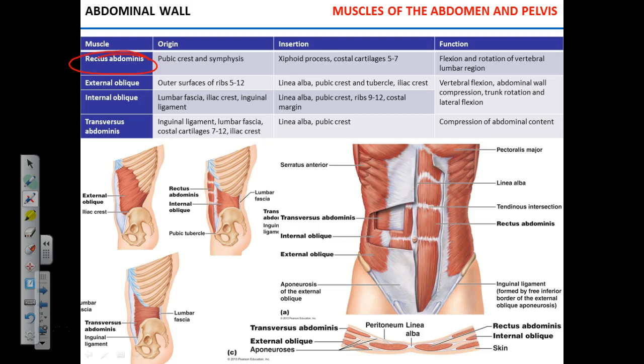Rectus means straight. Yep. Rectus means straight, and as Mark correctly pointed out, not just straight, vertical straight.